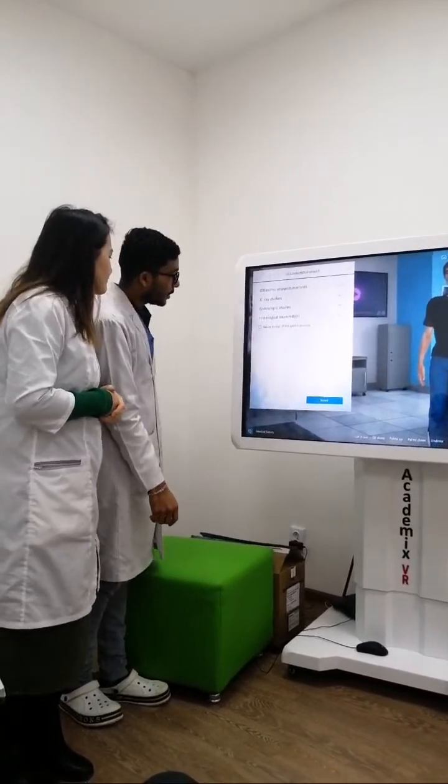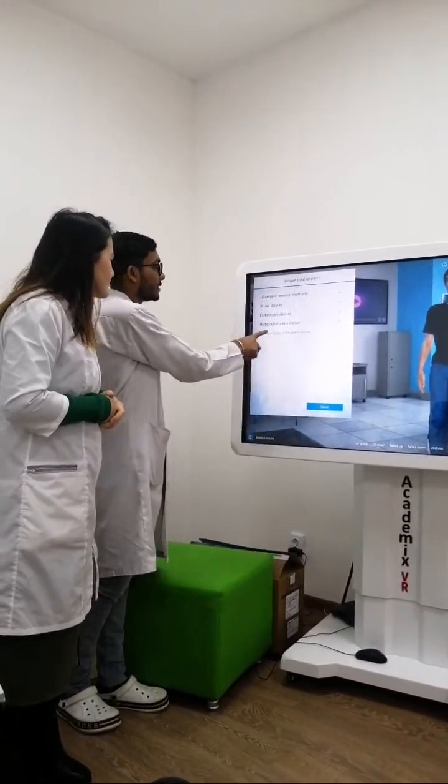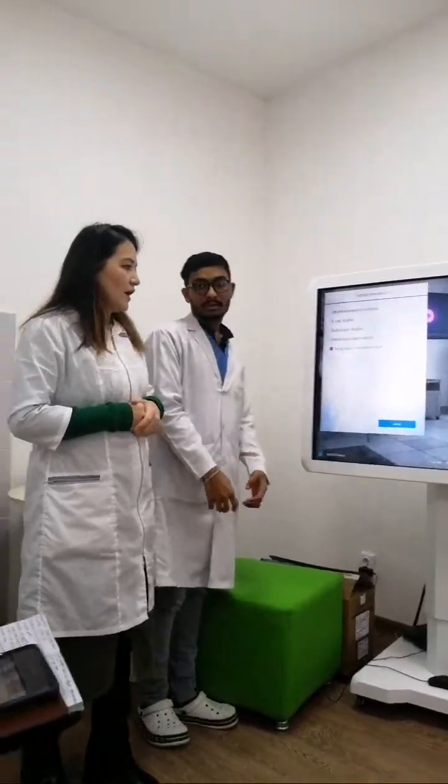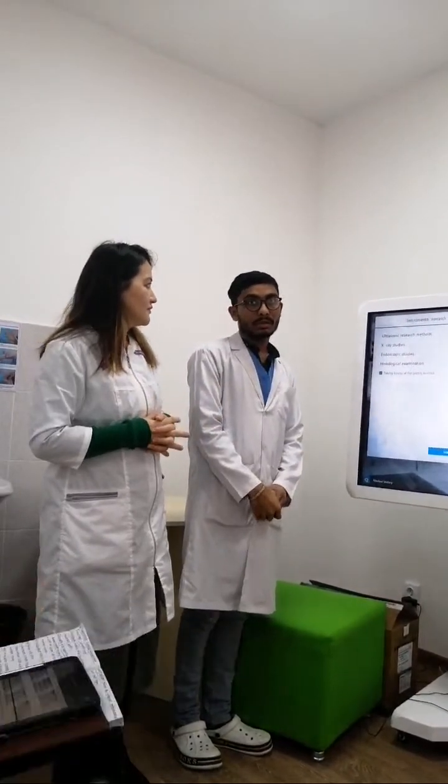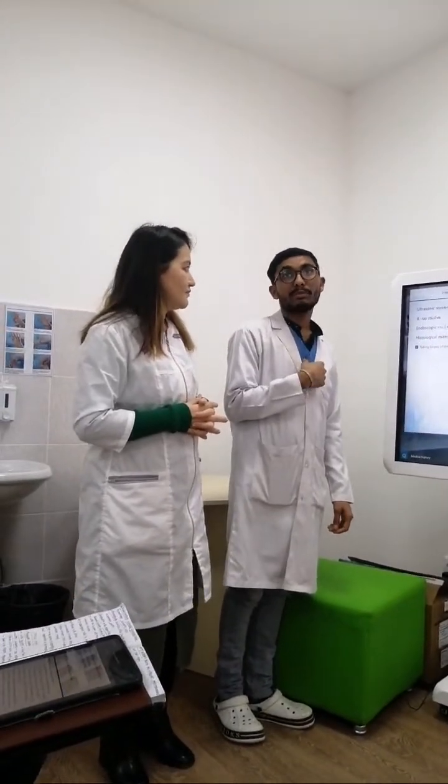Histological examination means taking a biopsy of the gastric mucosa. Why do we need it? Because we should take the mucous membrane of the stomach for biopsy. And if we have HP bacteria positive, this bacteria damages the stomach mucous membrane.